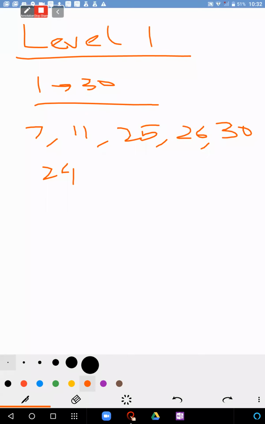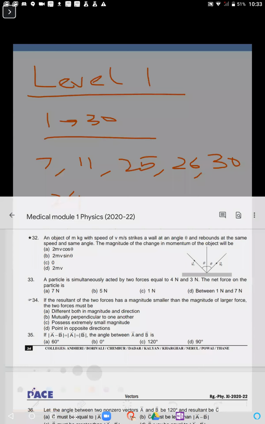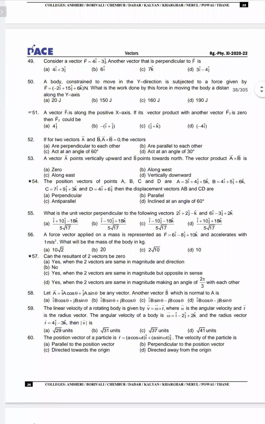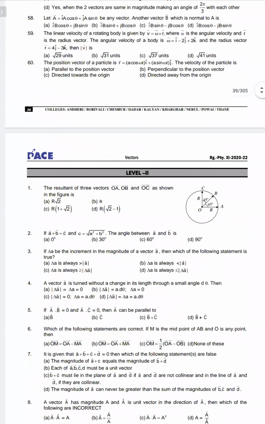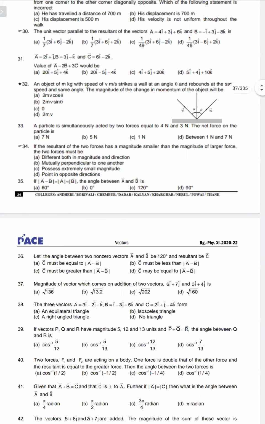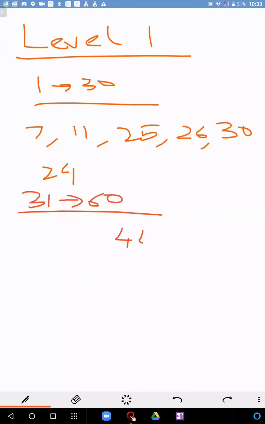So now 31 to whatever it is, till the end, 31 to 60. Level 1, still in level 1. Okay, so I see 44.